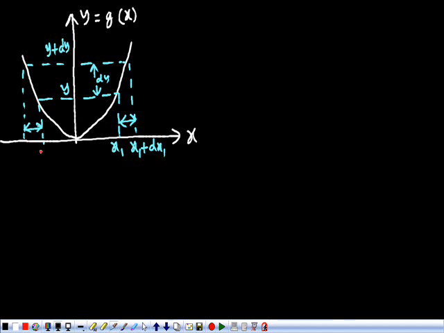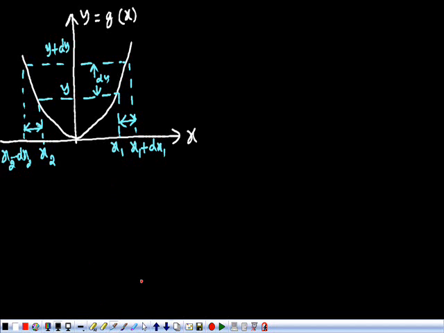So that's why I am considering this as x2 and this as x2 minus dx2, where this dx2 is the small differential. Now if the random variable y is lying in between y and y plus dy, the x is taking two different ranges, x1 to x1 plus dx1, x2 to x2 minus dx2. So in that case, what we have to do? We have two differentials on the x.